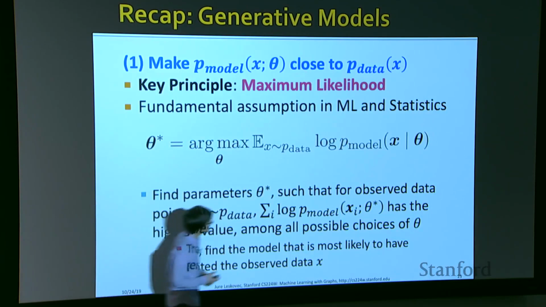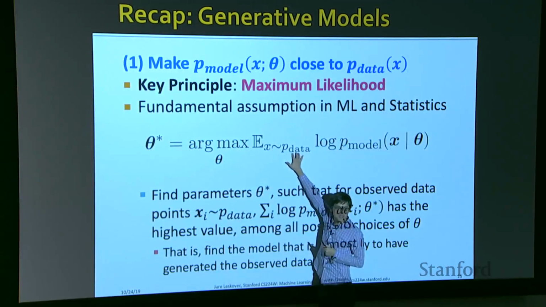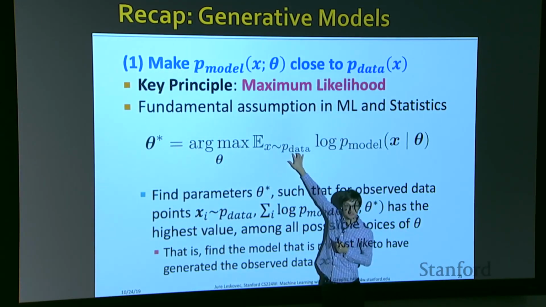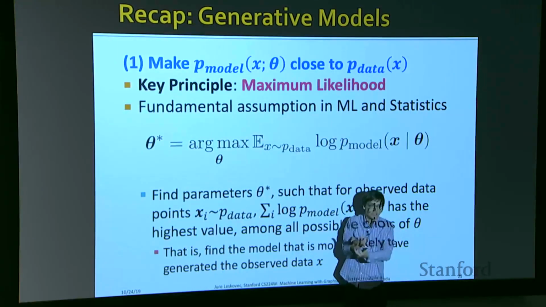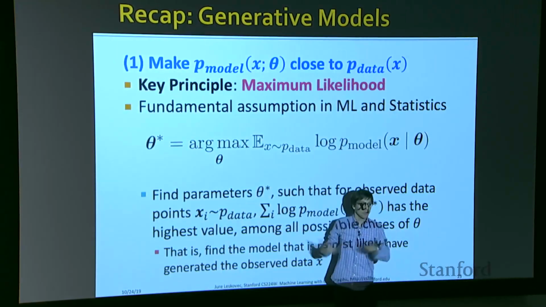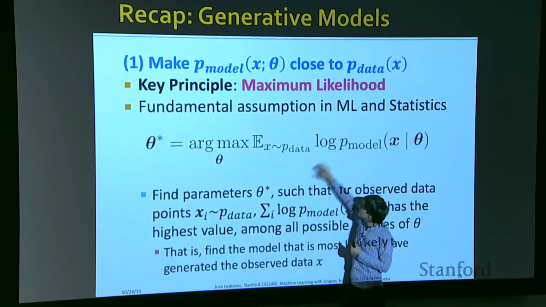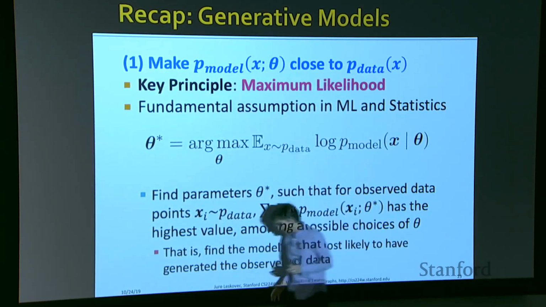The issue here is that we don't know the form of this P data. So this model is just an approximation to it, right? And here we are making this big assumption that is always hidden in all of machine learning, that whatever this model is, it will be able to approximate this thing. It's kind of a Hail Mary.